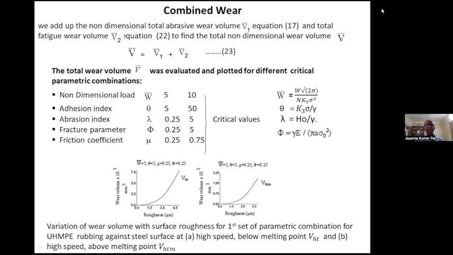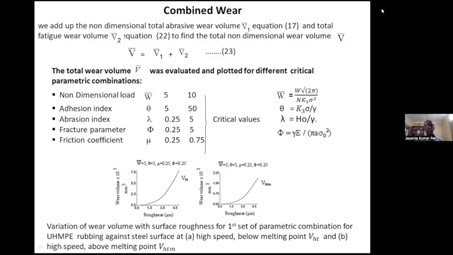Whereas the second set of values, W bar 10, theta 50, lambda 5, phi 5, mu 0.25, 0.75, refers to low adhesion and high abrasion and fatigue wear.